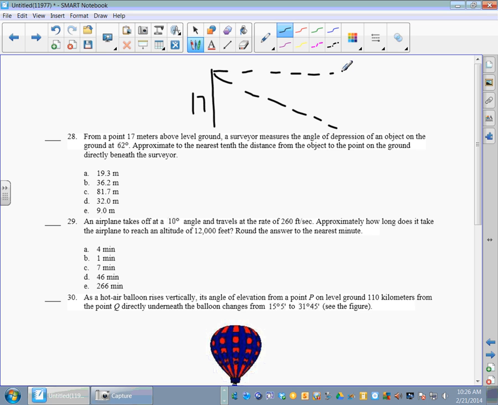Well, I always do it because depression's always down and elevation's always up, off the horizontal. Okay, so you put the 62. Okay, so yeah, the elevation and depression is always off the horizontal.